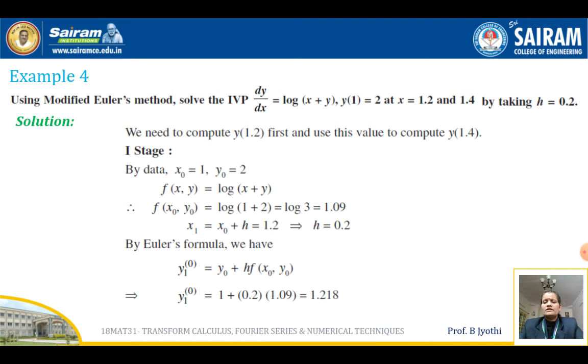Next problem. Using the modified Euler's method, solve the initial value problem dy by dx is equal to log of x plus y, where y of 1 is 2, at x is equal to 1.2 and 1.4, by taking h equals 0.2. It's very clear that we have to go again with two stages.